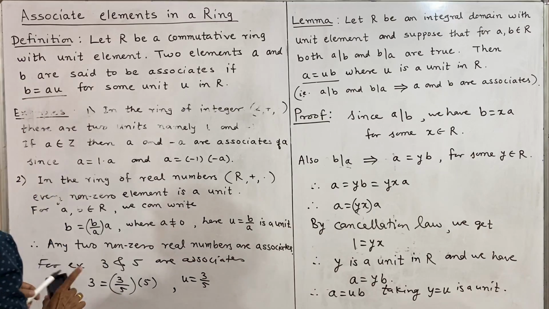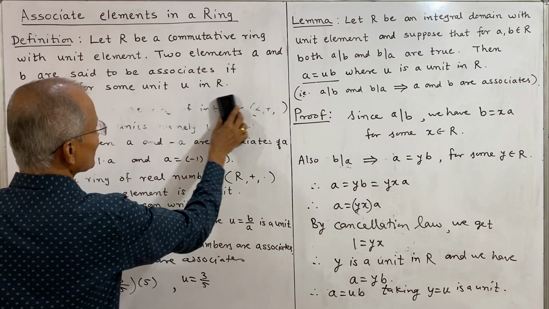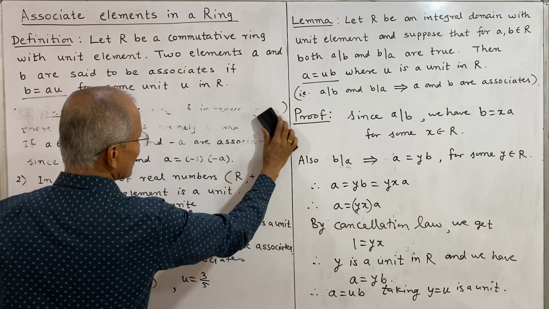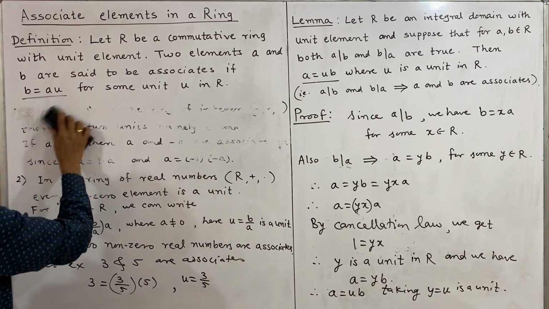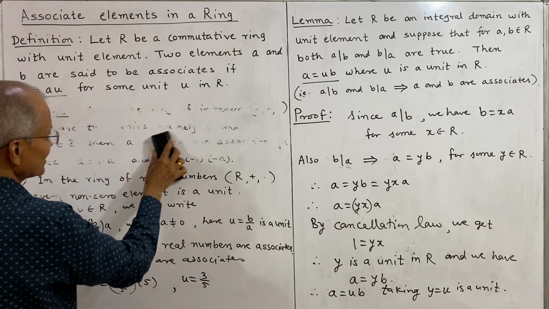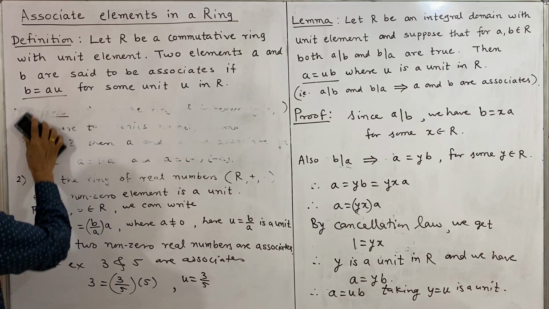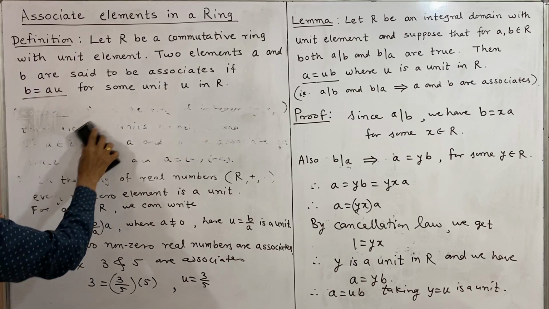Now next we shall consider some problems. We have defined the associate relation, and now we shall prove that this associate relation is an equivalence relation. So I shall write it as a problem.